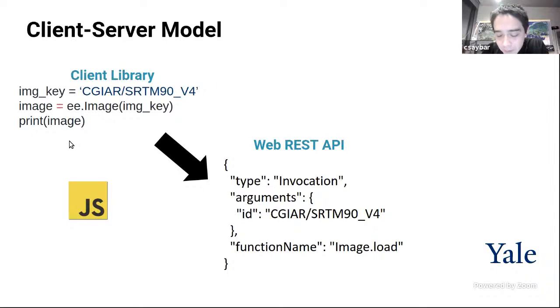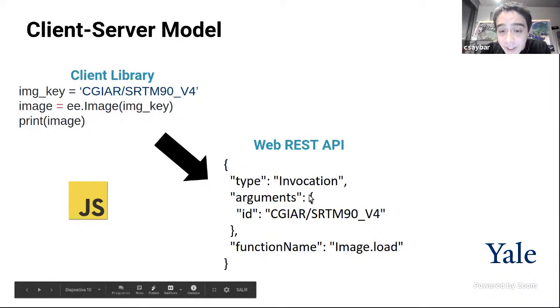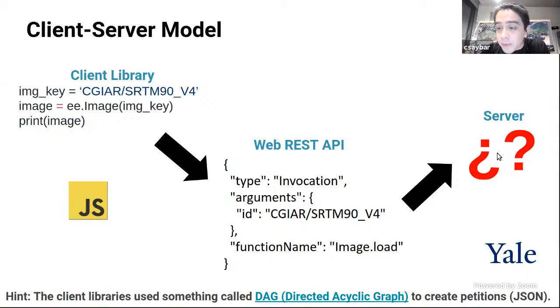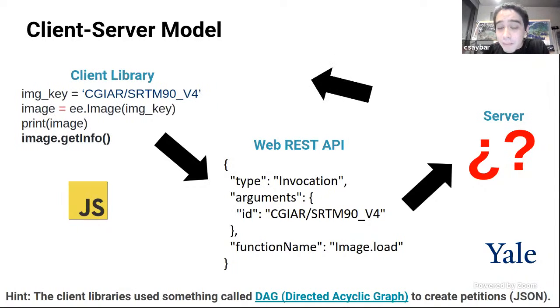It's really important that you understand that the main function of a client library is to transform, in this case the JavaScript client library, this piece of code into a JSON petition like this. And the web REST API helps us send this JSON petition to the server. The server is going to try to respond to this request and send the response back to the client. And this is the cycle that we use in Google Earth Engine.